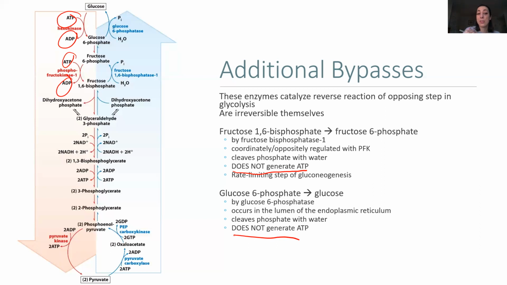It does not just make an ATP. So important steps here, we're going to be using different enzymes. They don't act in the same function. And those steps that were using energy in glycolysis do not make energy in gluconeogenesis.